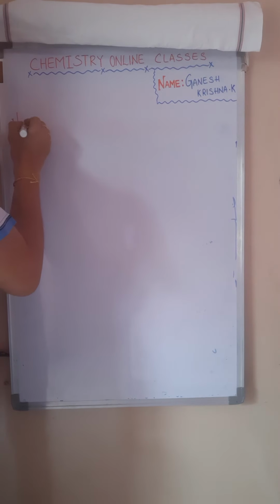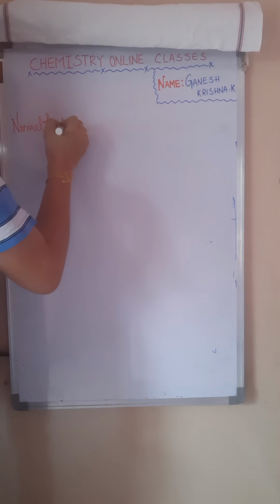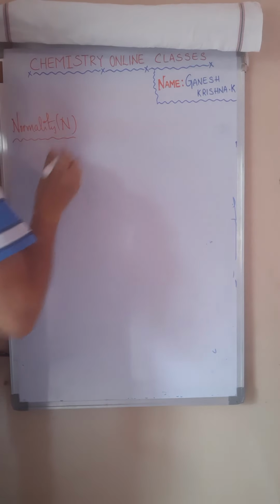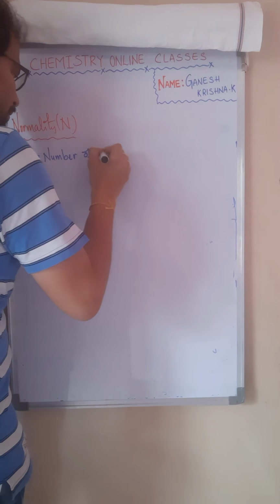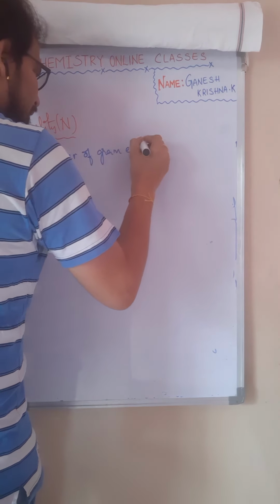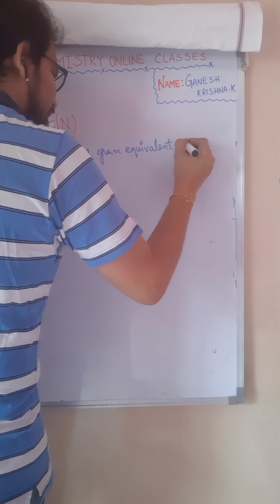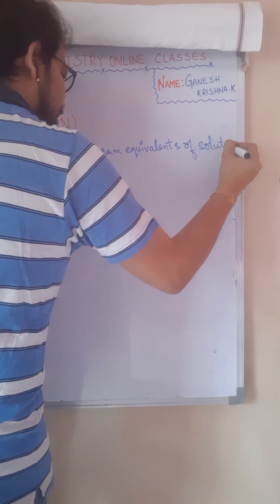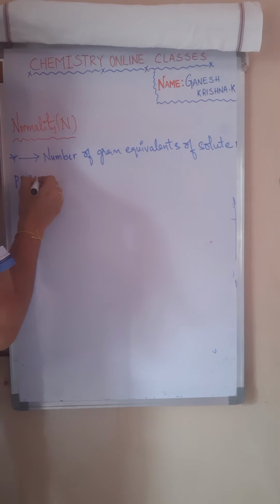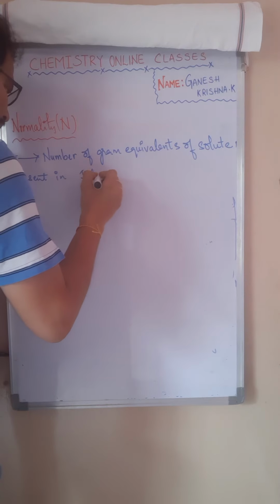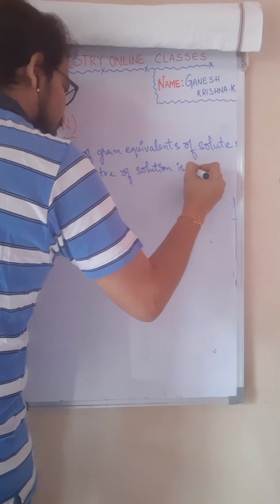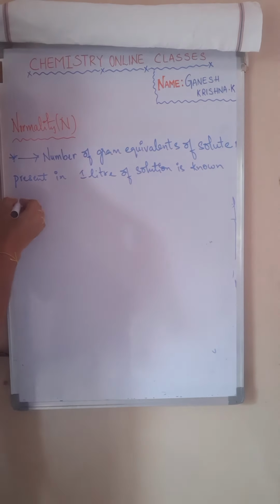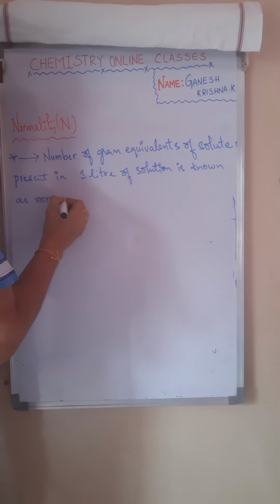Normality is represented with the capital N. The definition of normality is: the number of gram equivalents of solute present in 1 liter of solution is known as normality.